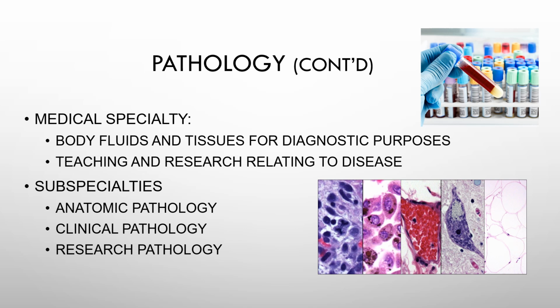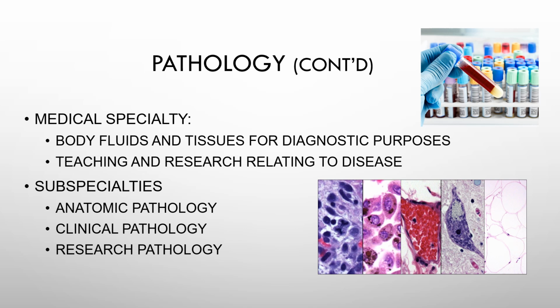Now let's talk about subspecialties, because this is where histotechnology really shines. Anatomic pathology focuses on tissues and cells, so biopsies, resections, frozen sections, cytology. This is your home base. If it goes through fixation, processing, embedding, sectioning, and staining, it probably falls under anatomic pathology.